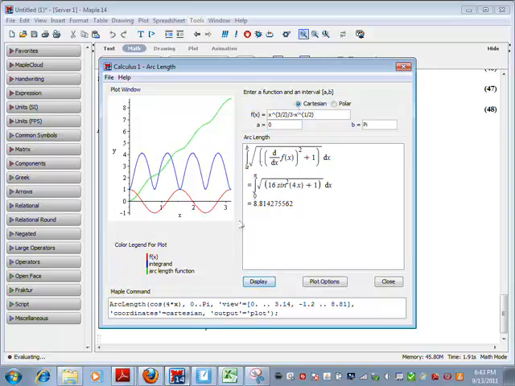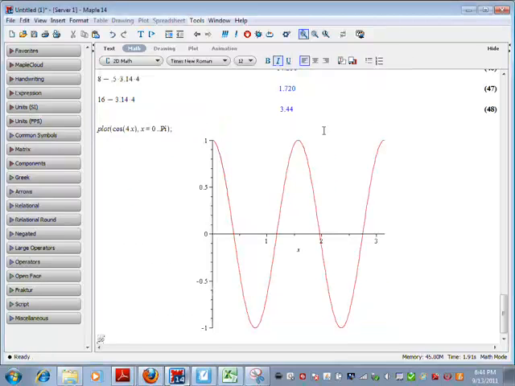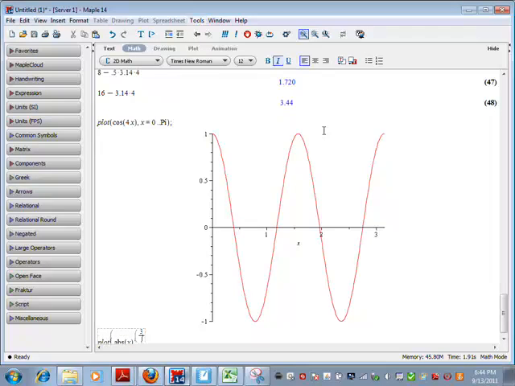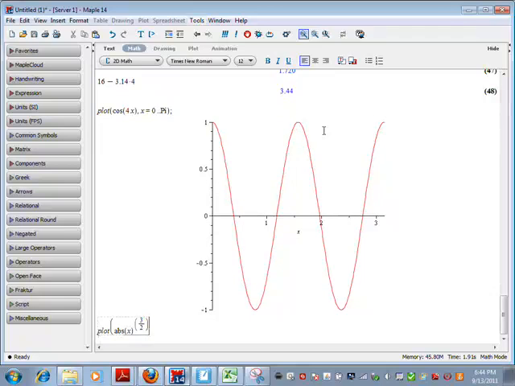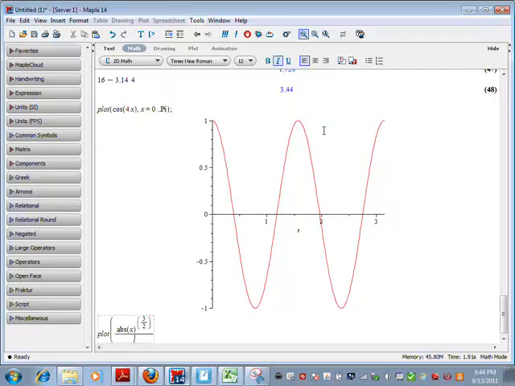I think I may have to put absolute values here because Maple has problems with it. So plot the absolute value of x to the 3 halves, and that's all over 3, and then minus x to the 1 half.